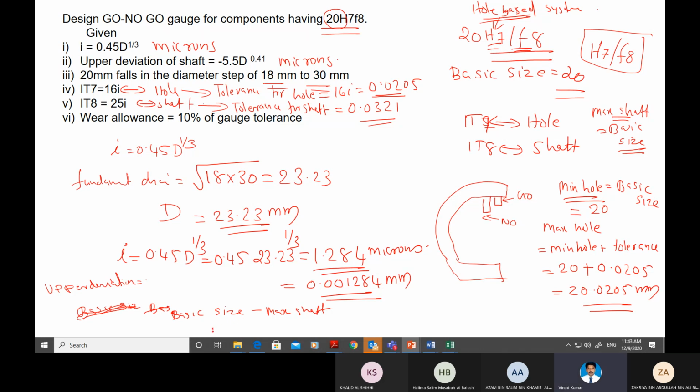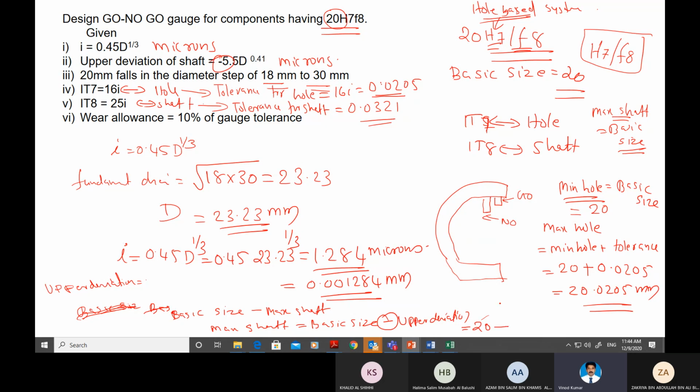So if you want to calculate the maximum shaft, what you have to do is basic size minus upper deviation. That's why this minus is shown here. It indicates the maximum shaft will be less than the basic size. So basic size is 20 minus upper deviation.